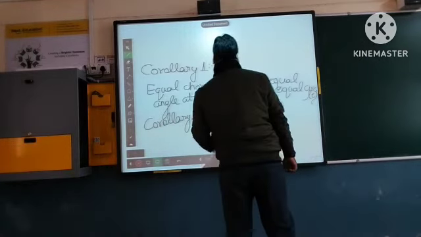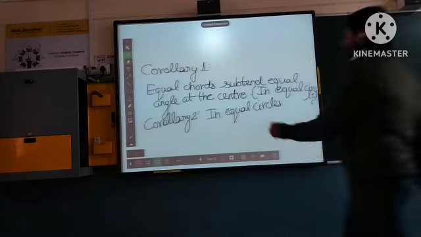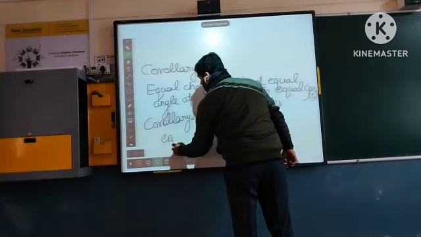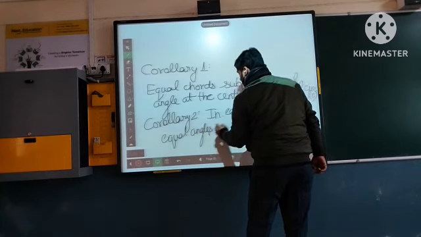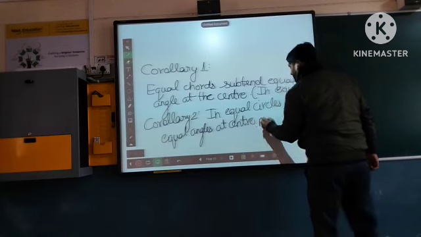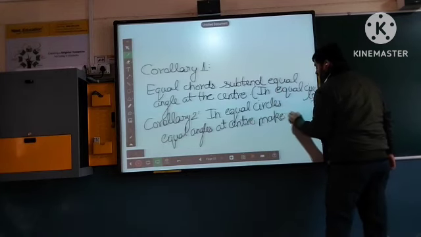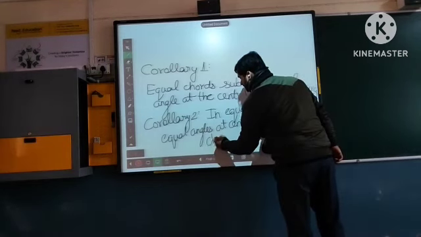Corollary 2: in equal circles or the same circle, equal angles at the center or centers make equal chords.